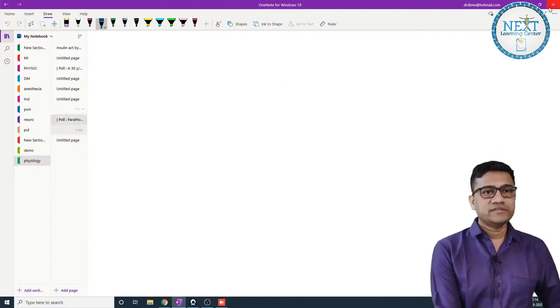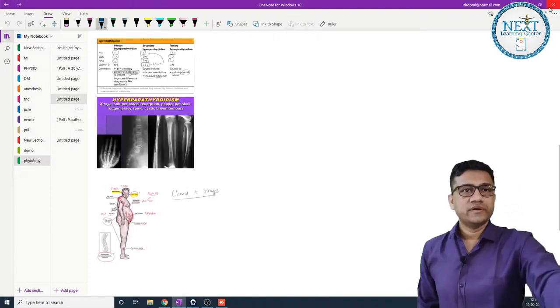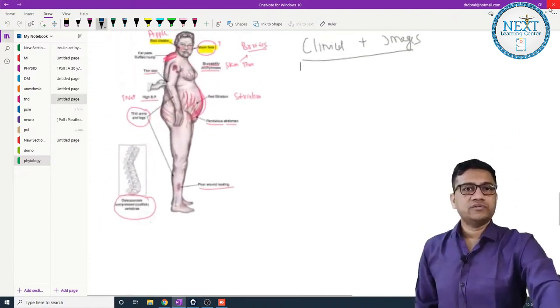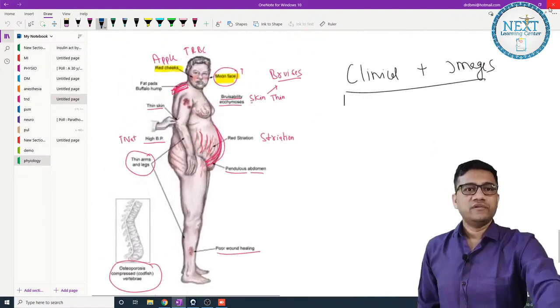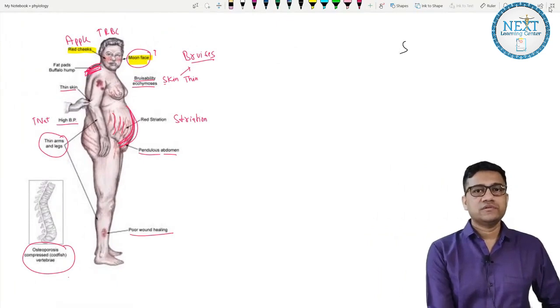Also, to revise, what is the diagnosis of this patient? Diagnosis.